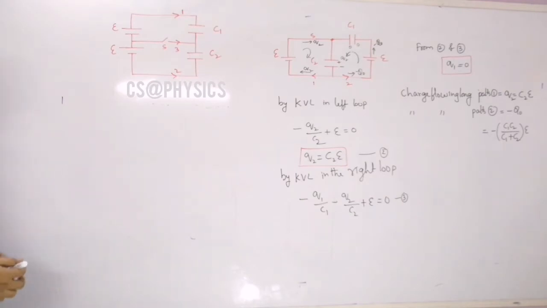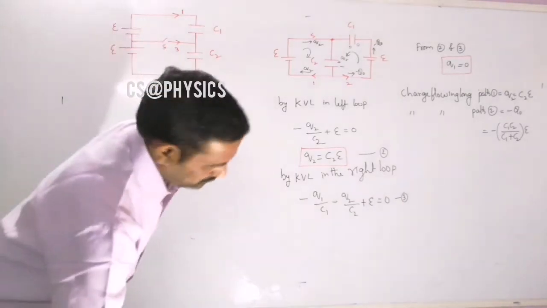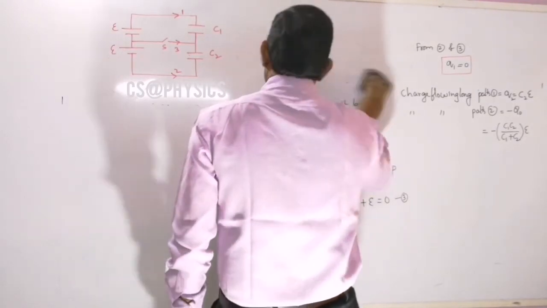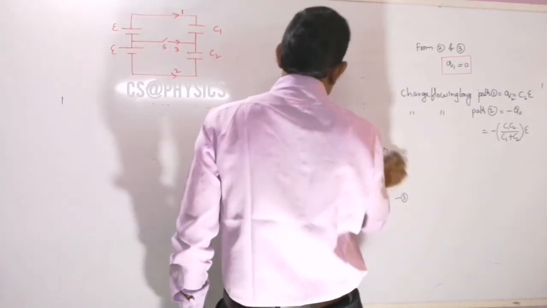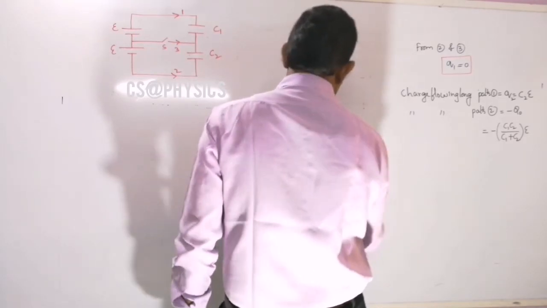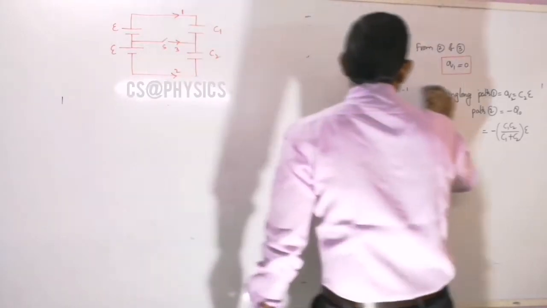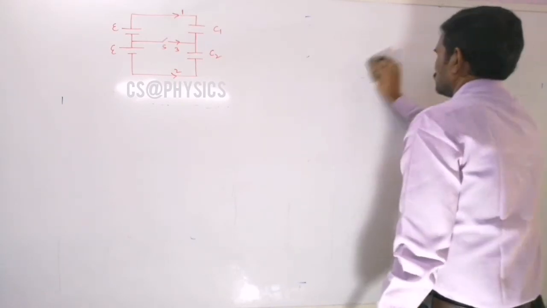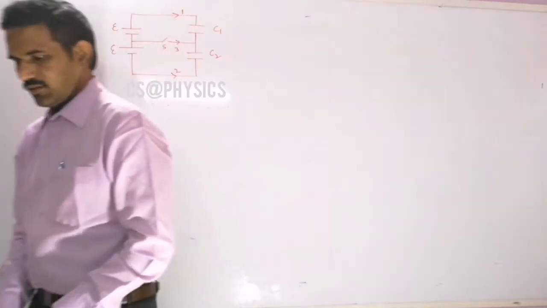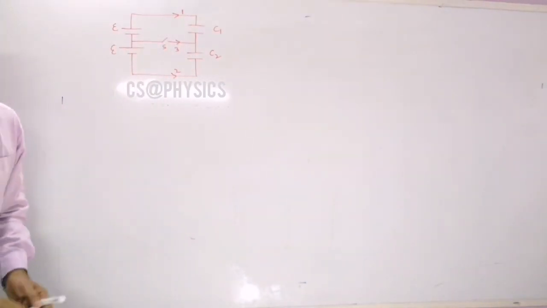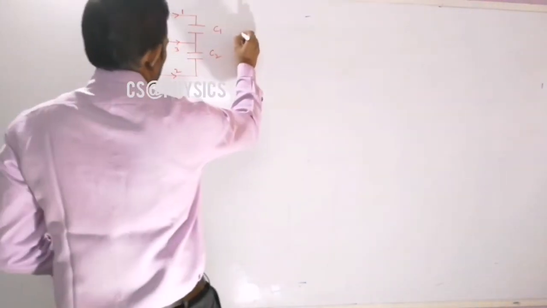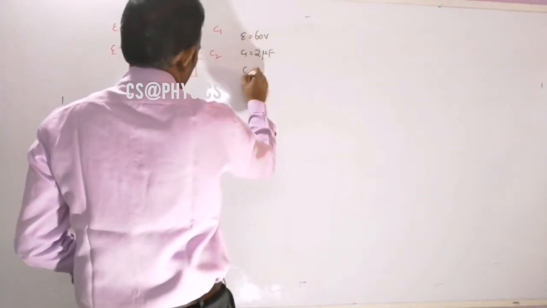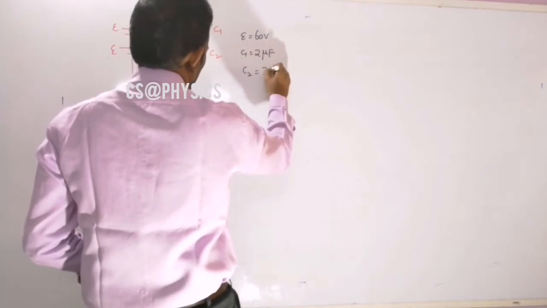Now I am giving the data also. Let us take the numericals as: the potential of each cell is say 60 volts, C1 is 2 microfarad and C2 is 3 microfarad. So the given data is E is equal to 60 volts, C1 is 2 microfarad and C2 is 3 microfarad.